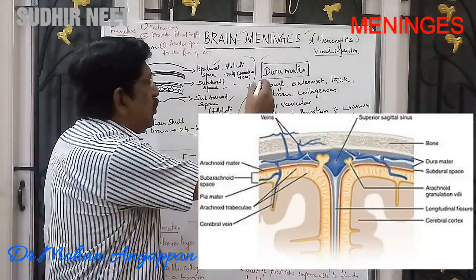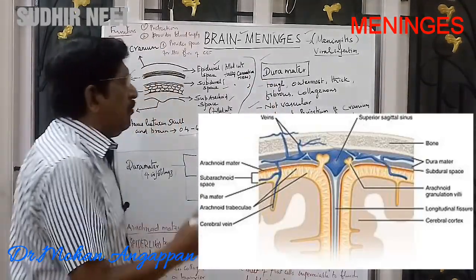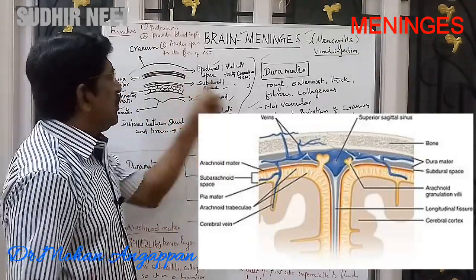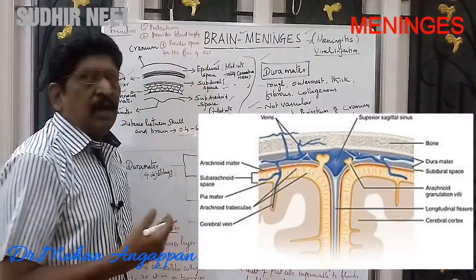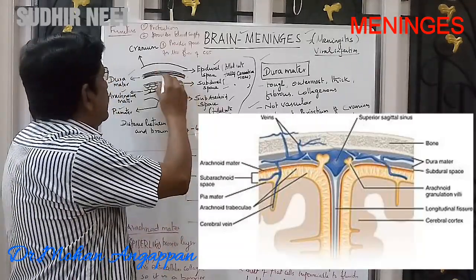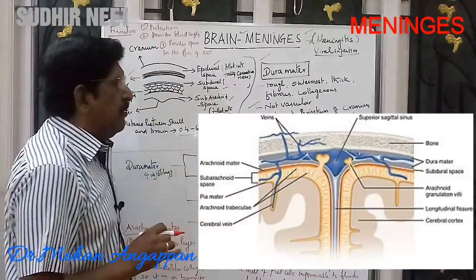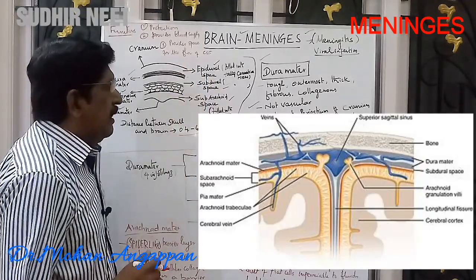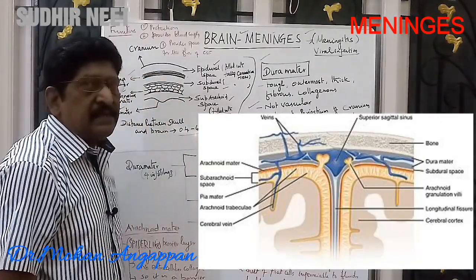And then, this dura mater is inserted into the periosteum of the cranium. Actually, this dura mater is a sac that envelops the arachnoid mater, and supports large dural sinuses, the blood vessels.